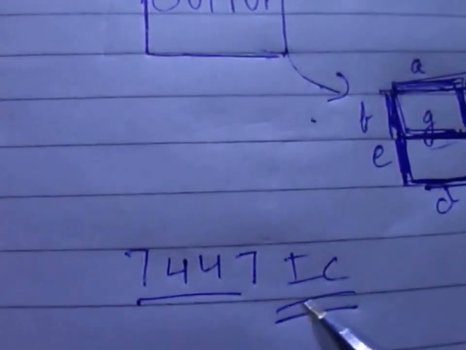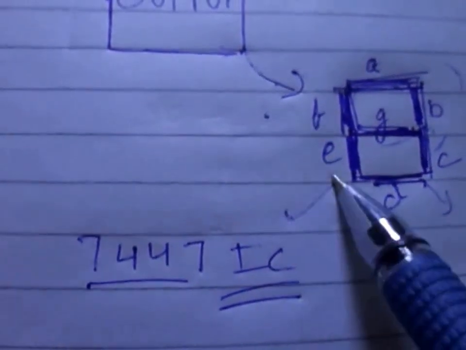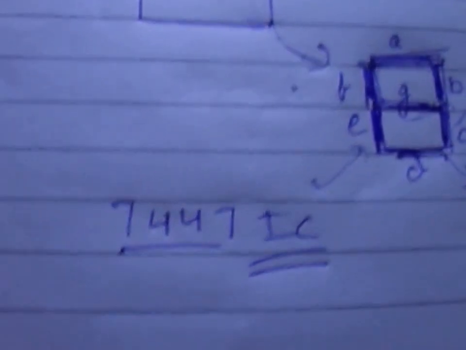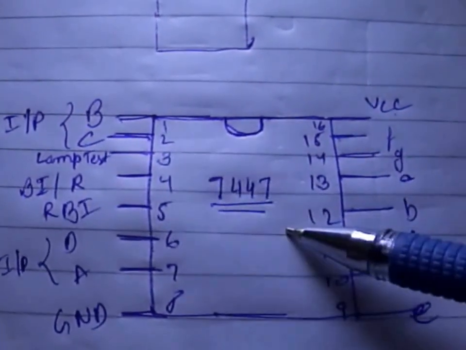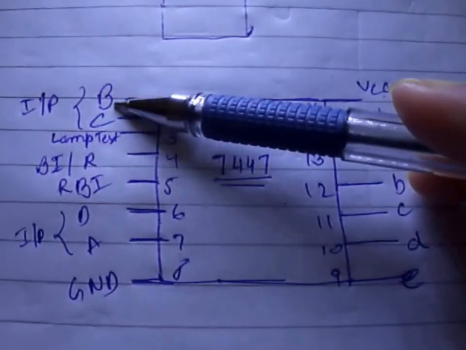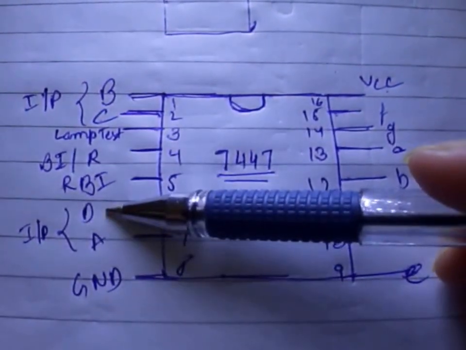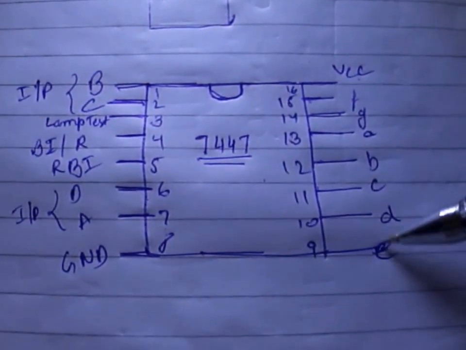See, this 7447 IC will drive this 7 segment LED, and this is the pin connection diagram of the 7447 IC. As you can see, B, C, A and D are the inputs for this IC, and these are the outputs.